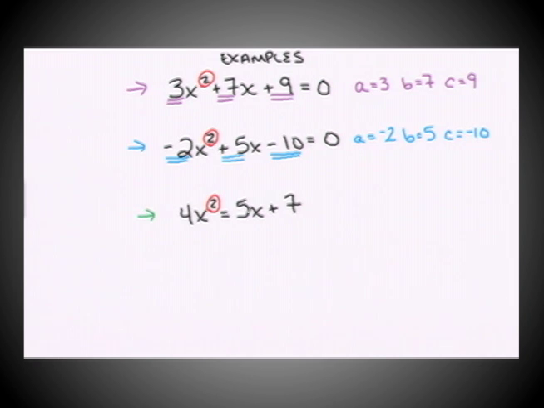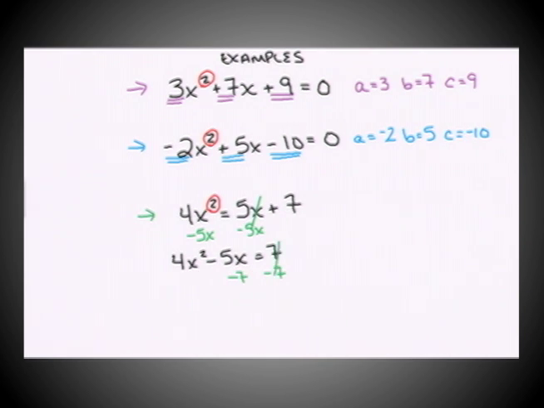So I am going to first move the negative 5x over to the left-hand side. And that's a 0 pair there. So I'm going to simplify. So far I have 4x squared minus 5x equals 7. And then all I have left to do is subtract that 7 off of the right-hand side, bringing a negative 7 over to the left.